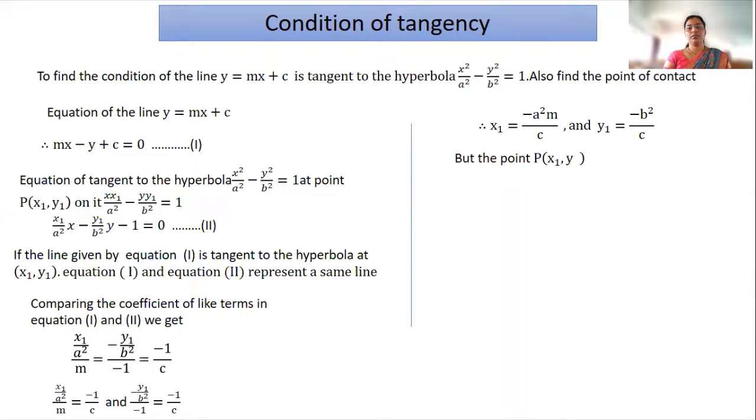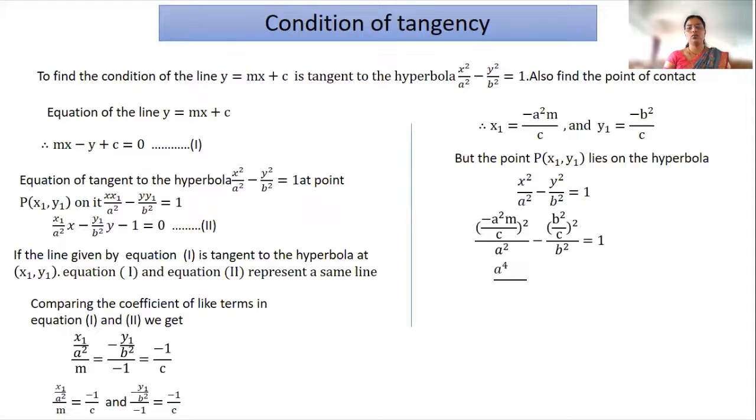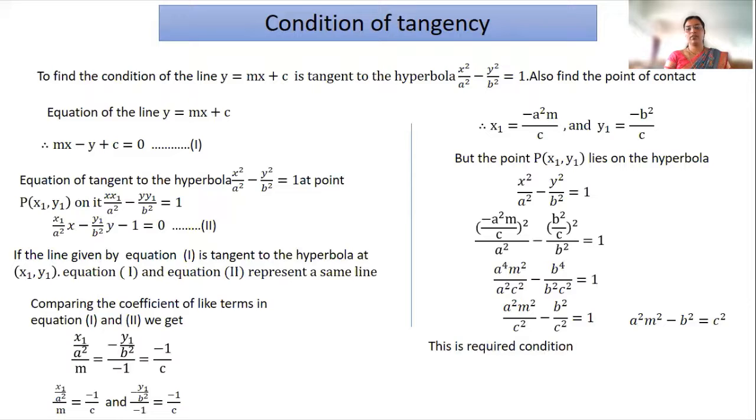But the point P(x1, y1) lies on the hyperbola. Therefore, the point P satisfies the equation of the hyperbola. Put x as x1 and y as y1. We get c square is equal to a square m square minus b square. This is the required condition of the tangency.